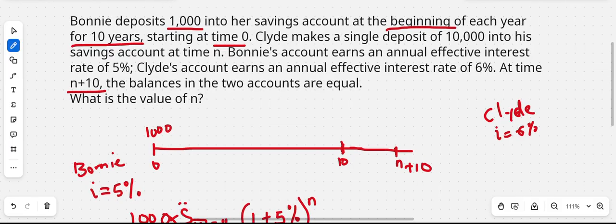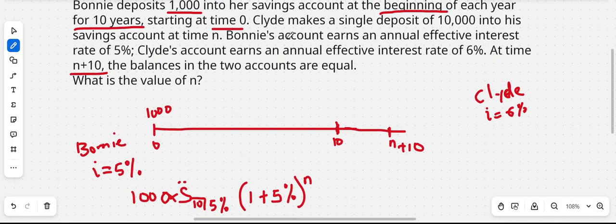Now let's see, what's the balance in Clyde's account? Take a look at it. Clyde made the deposit at time n. So his balance at time n plus 10 simply means that from time n to time n plus 10, Clyde's money grew for 10 years, because he made the deposit at time n, but we are looking at the balance at time n plus 10.